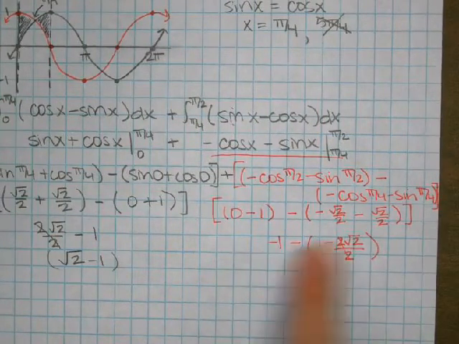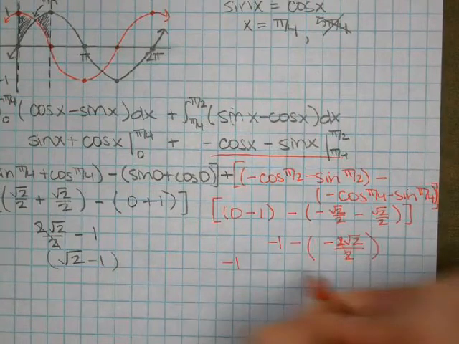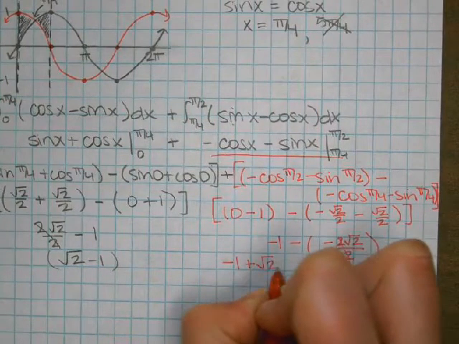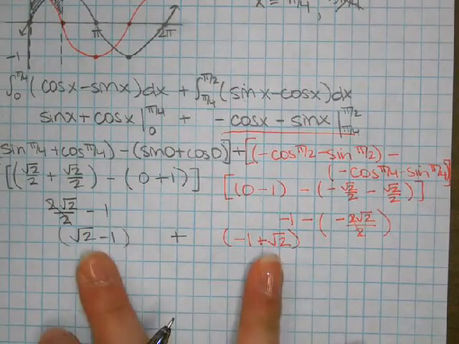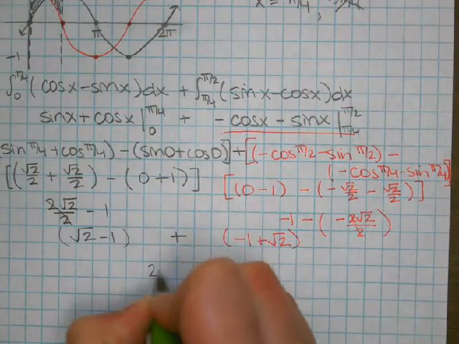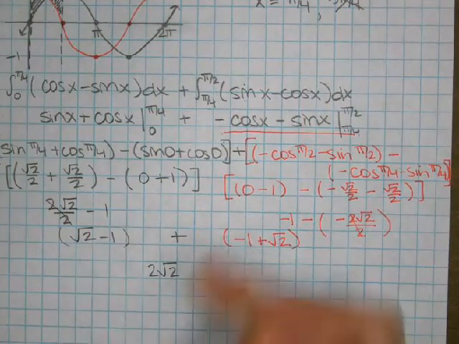And minus minus makes a plus, so I've got negative 1 plus square root of 2. Okay, and we're adding these two things together. So I have 2 square roots of 2, and then I have a negative 1 and another negative 1.